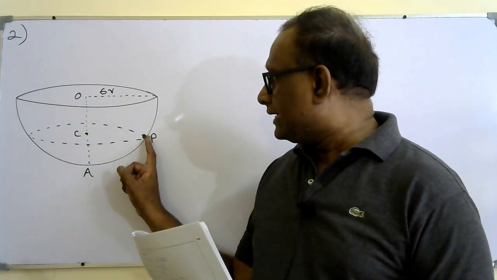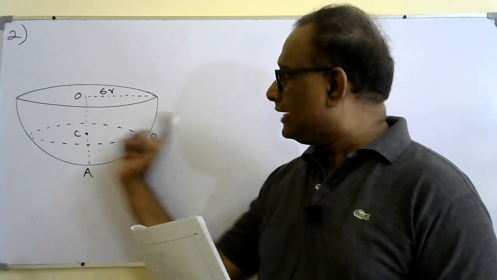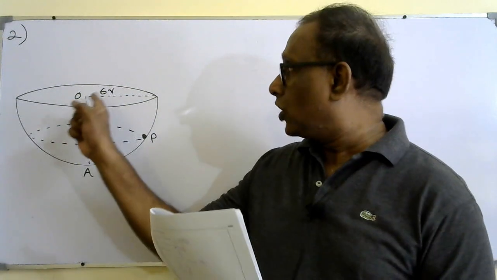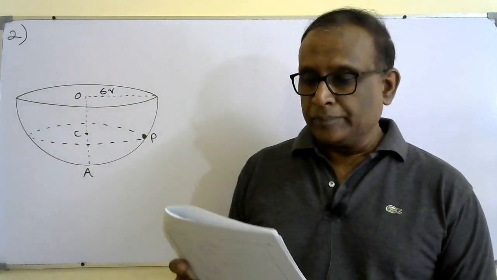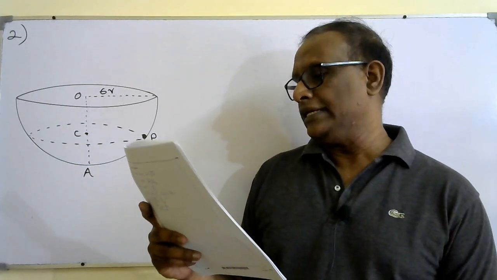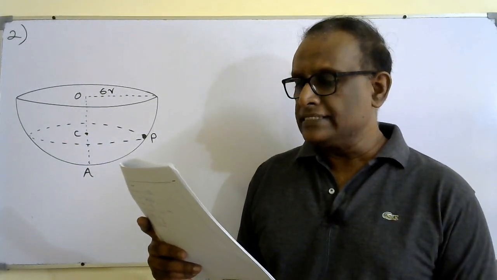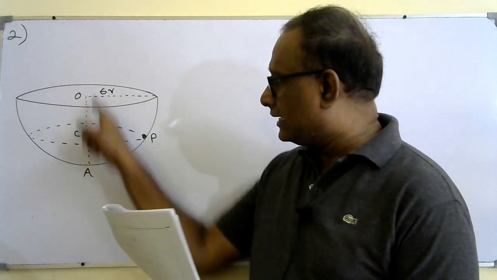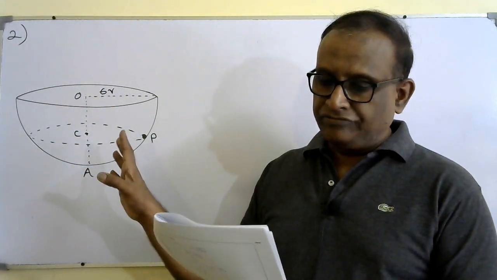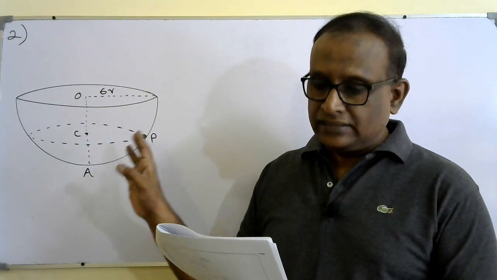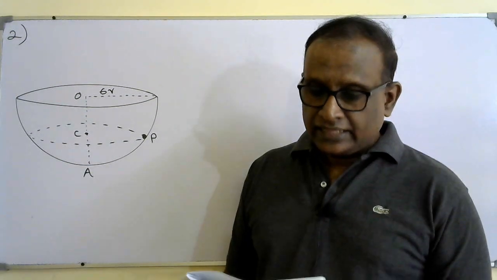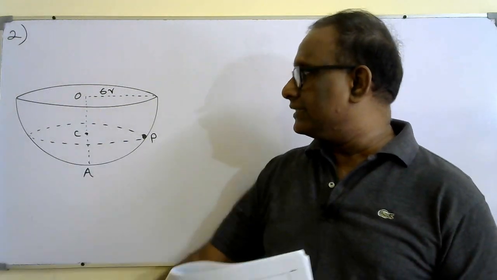So the particle P is moving inside the bowl in a horizontal circle; for its motion, C is the center, not O. The particle moves with a constant angular speed of square root of g over r. The point C lies on OA, the same vertical line, as shown in the figure. Find, in terms of r, where 6r is the radius, the distance OC.